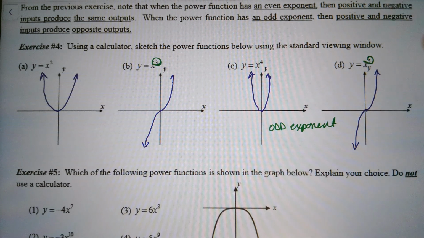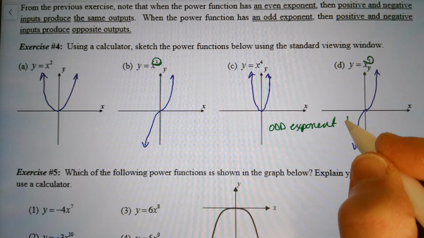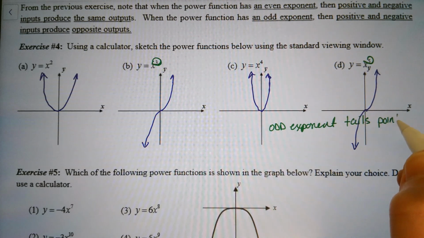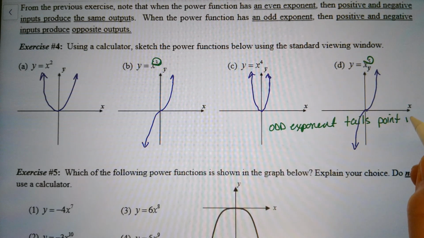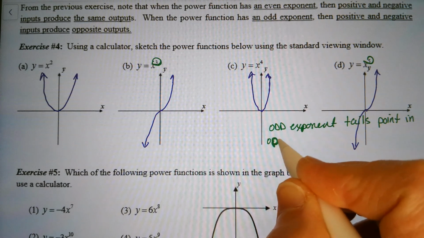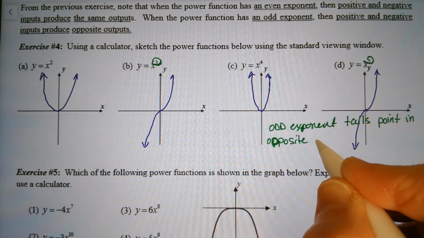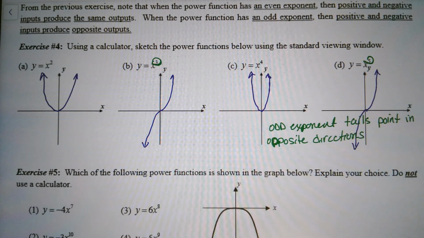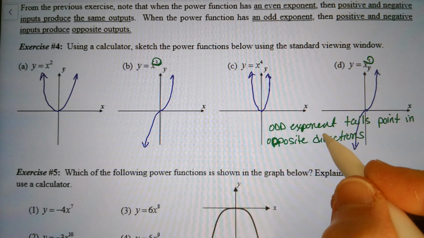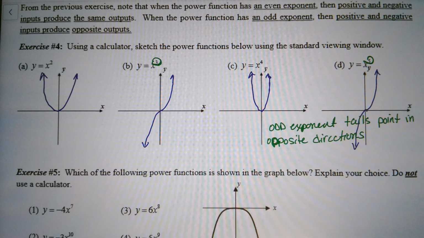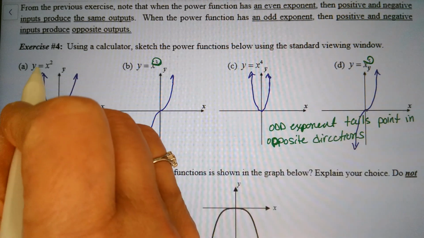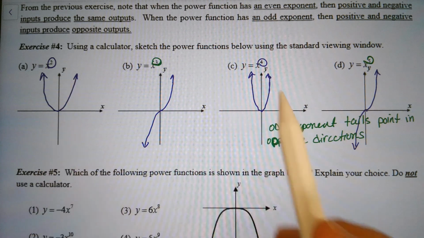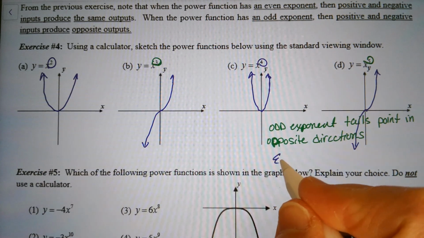Odd exponent, tails point in opposite directions. This is something you're going to have to memorize. Whereas if we have an even exponent, the tails point in the same direction.